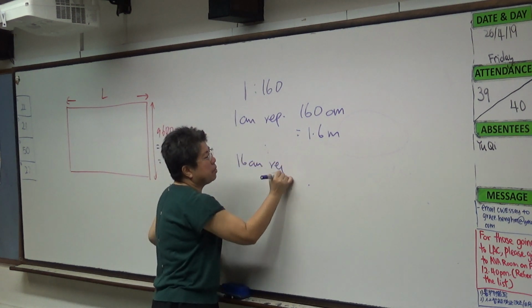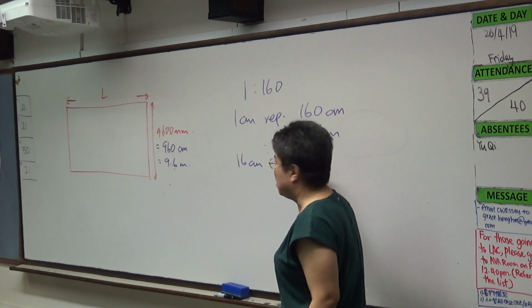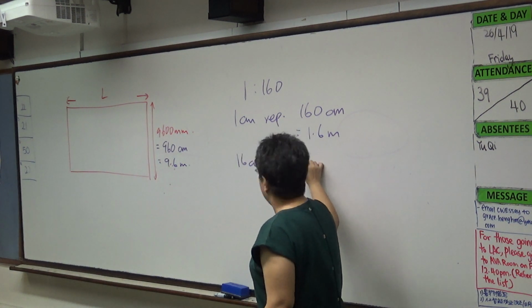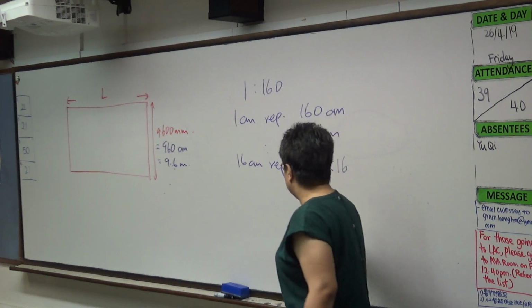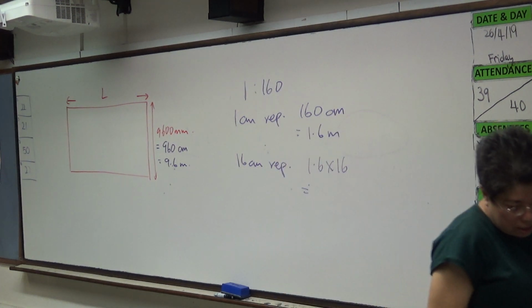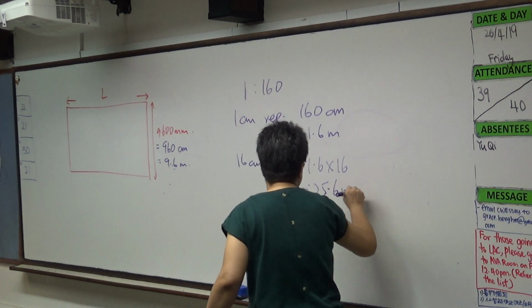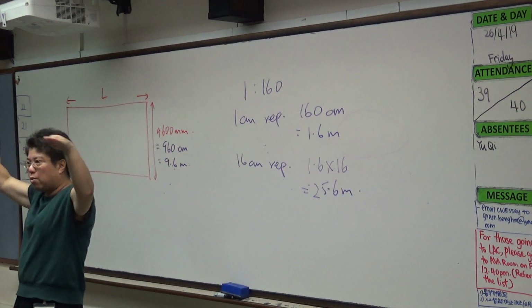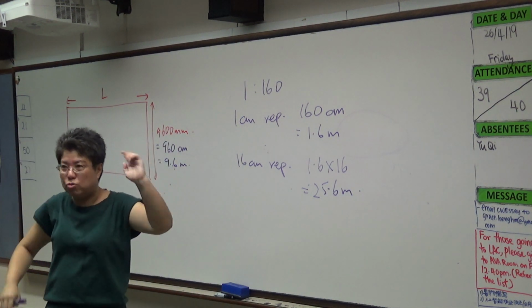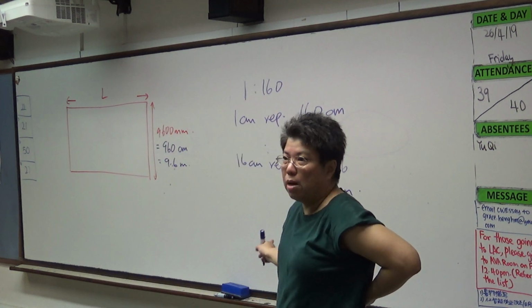Now, if 1 cm represents 1.6 meters, 16 cm will represent 1.6 times 16. Everybody agree? So use your calculator. What is that? 25.6. Very good. 25.6 meters. So in actual fact, the horizontal length of the apartment is 25.6 meters. Okay? It's quite a big apartment, correct?